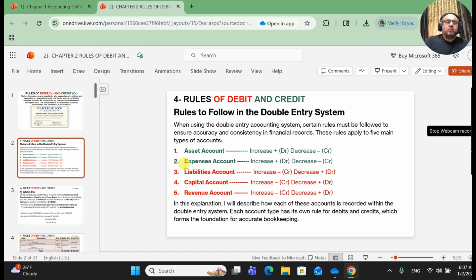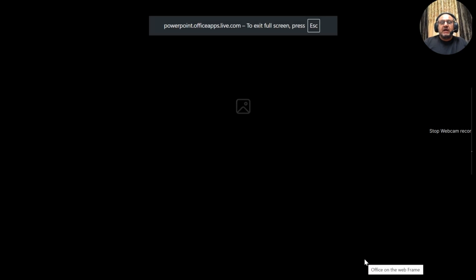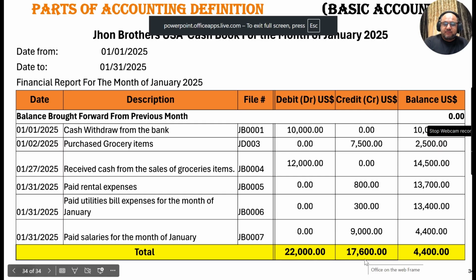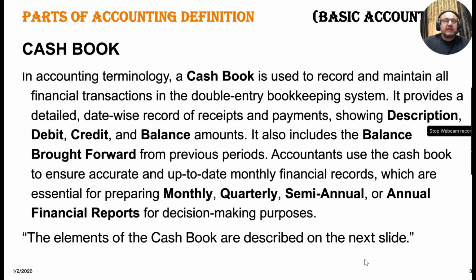So let's start with our previous lesson, which is cash book. I gave a slide information regarding the cash book to you. Now I'm going to explain the cash book for you and define it for you. What is cash book? And each column, I will define each column to you with an example.